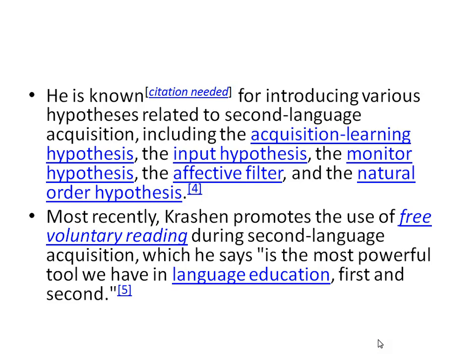He is known for introducing various hypotheses related to second language acquisition, including the acquisition-learning hypothesis, input hypothesis, monitor hypothesis, affective filter hypothesis, and natural order hypothesis. So five hypotheses he has proposed, and the combination of these five hypotheses is called the monitor model.